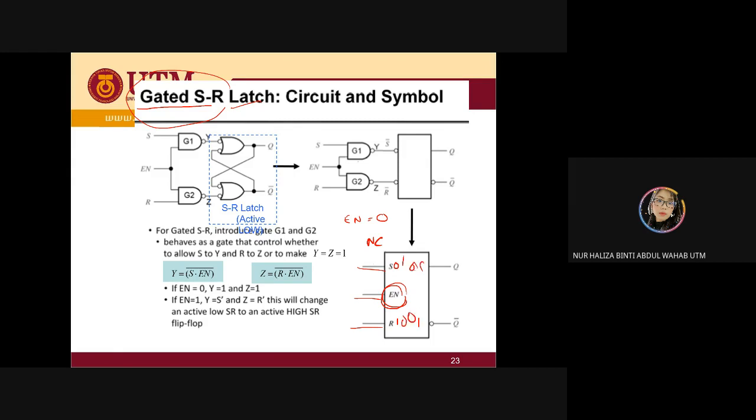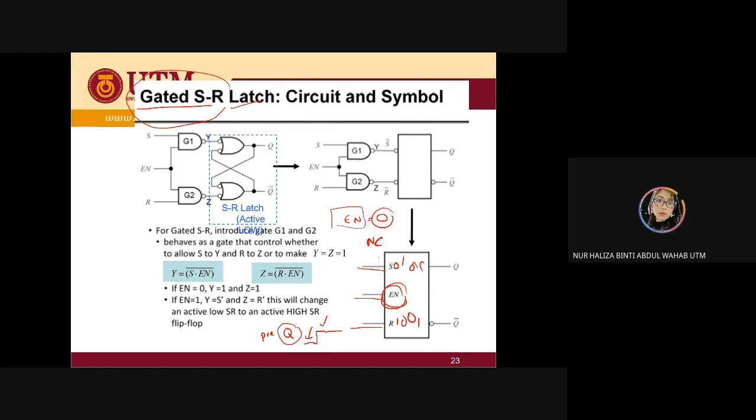It still remains the same. What is the same? It is the same as your previous output. If previous output is 0, it's going to be 0. If previous output is 1, it's going to be 1.